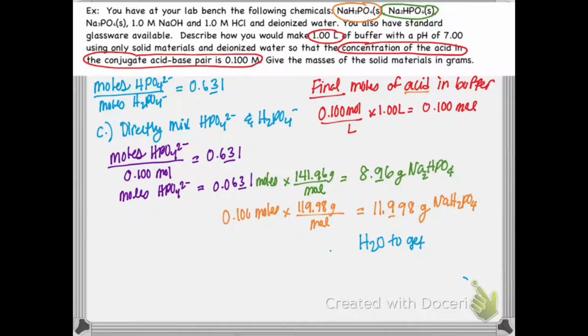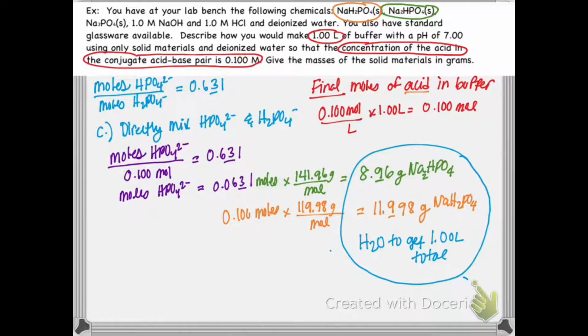Then of course we want 1 liter of it, so we would add water to get 1.00 liters total solution and mix that all up, and that would be our recipe for our buffer when we directly mix the two buffer components, this conjugate acid-base pair.